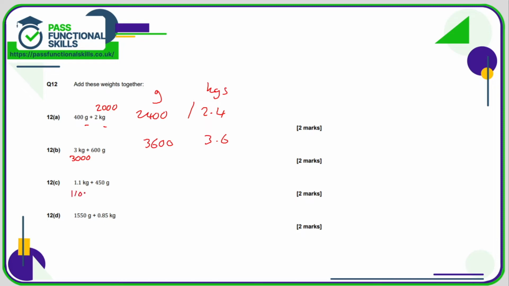This is 1,100 grams, so in total that's 1,550 grams, otherwise known as 1.55 kilos. This is 1.55 kilos, and if we add the 0.85, then that will come to 2.4, otherwise known as 2,400 grams.